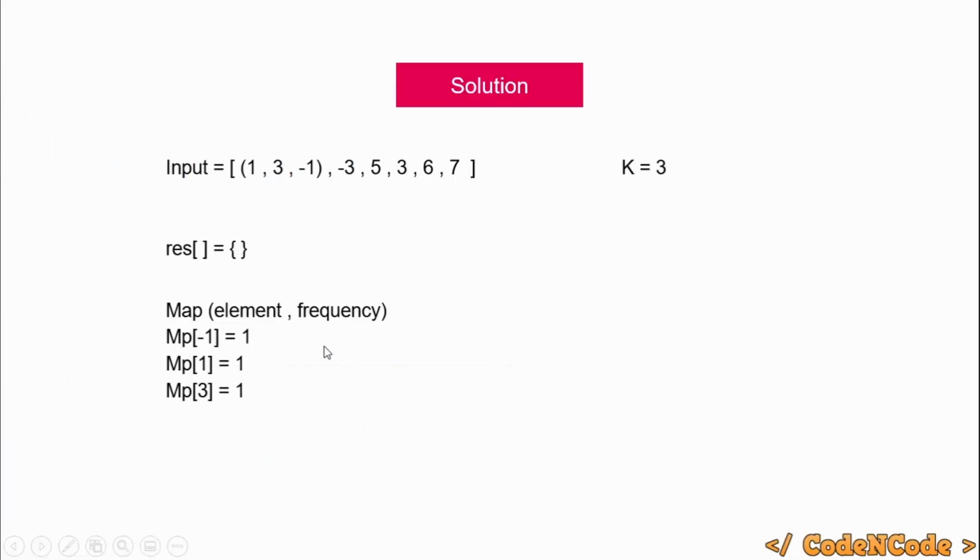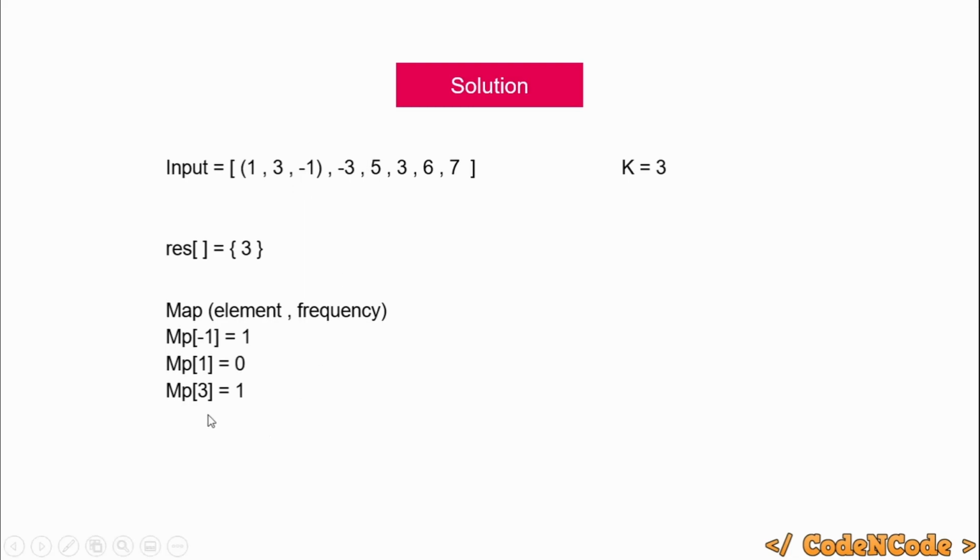After that, you need to move your window towards the right. This max step we have already done. Max is equal to 3, and inside your result you will insert max. After that, you have to move your window towards the right.